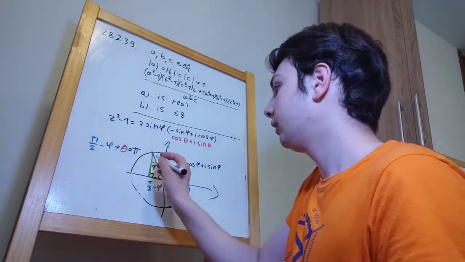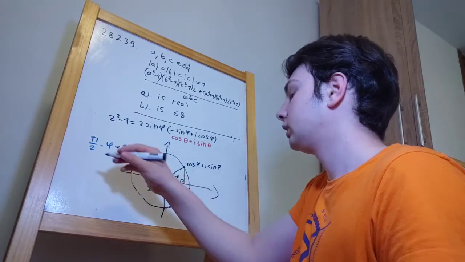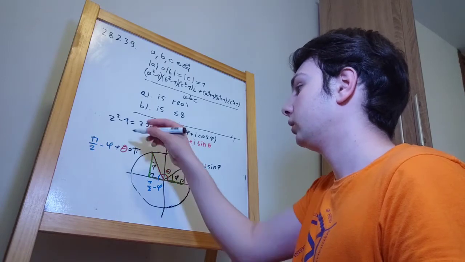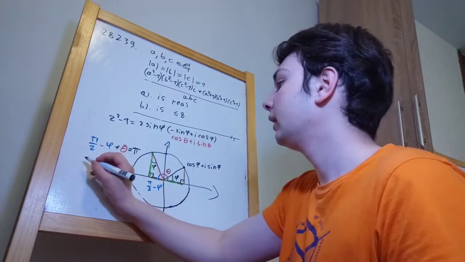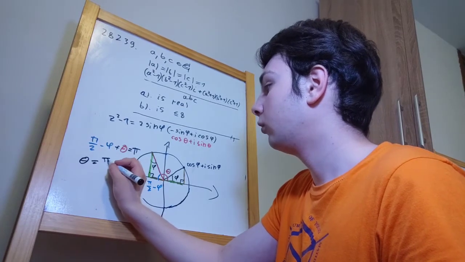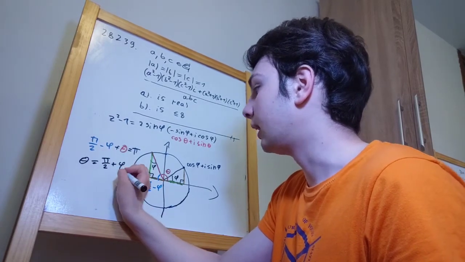And really, we move this here, pi over 2 minus theta goes on the right, and we get theta is equal to pi over 2 plus phi.